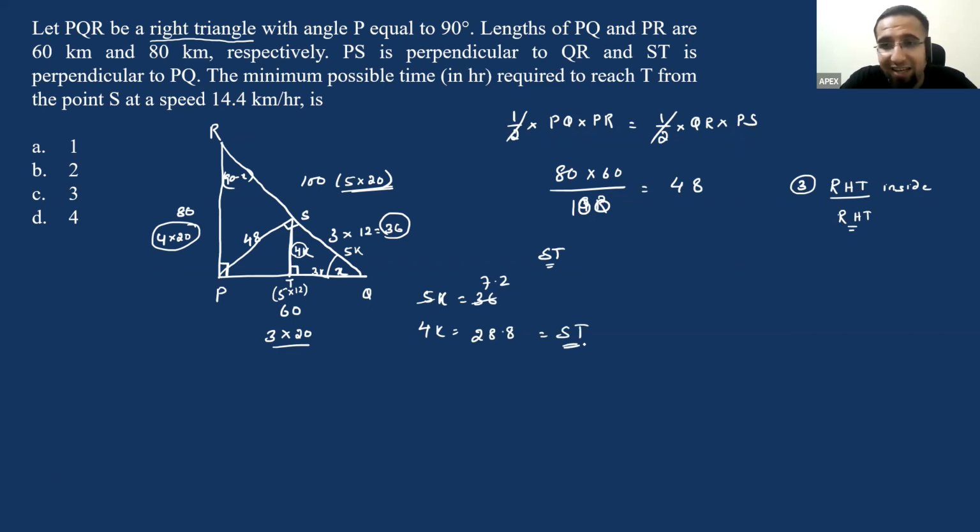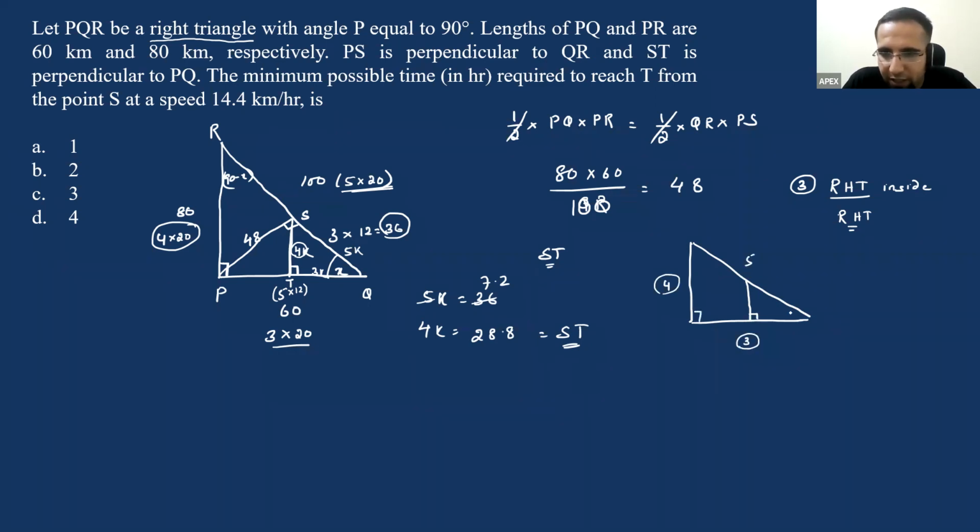So we are using similarities under the concept of a right angle triangle drawn inside a right angle triangle. Clear? Just to explain a little more clearly, if this is what is given to us, this is a right angle triangle, and I'm dropping a perpendicular like this. So this is a multiple of 4. This is a multiple of 3. And this is a multiple of 5.